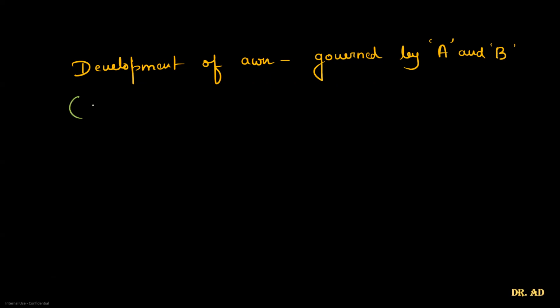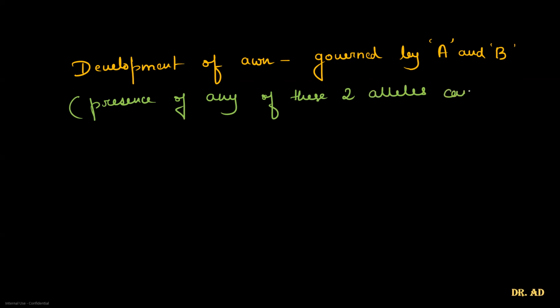This means the presence of any of these two alleles can produce "on". So it doesn't matter whether A is present or B is present, either of the two has got the potential to produce "on". Okay.